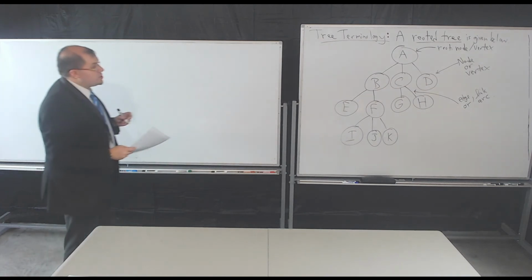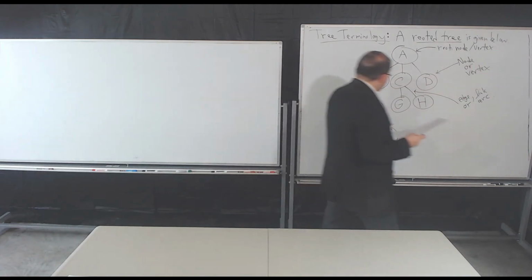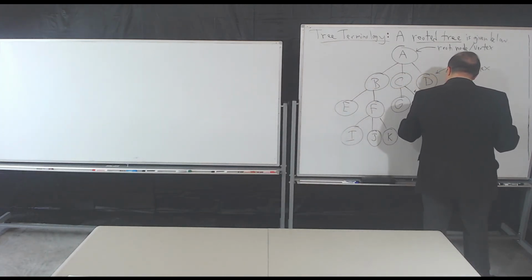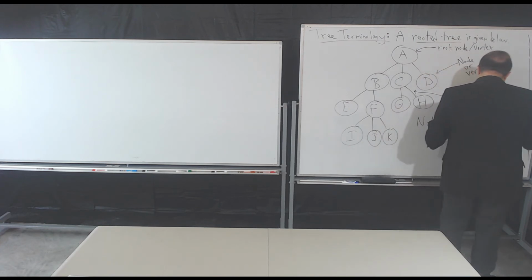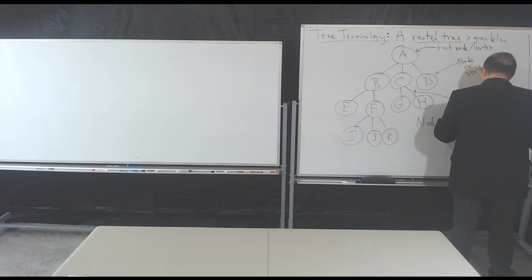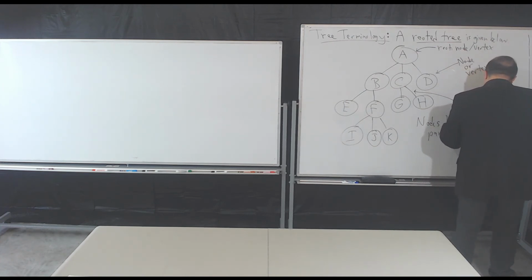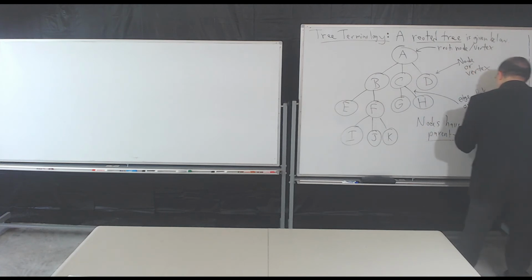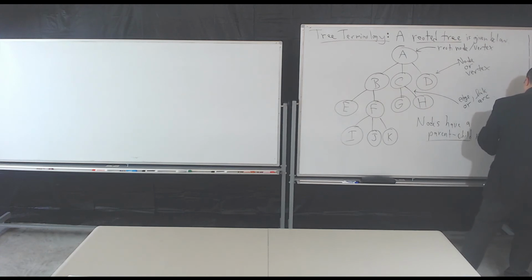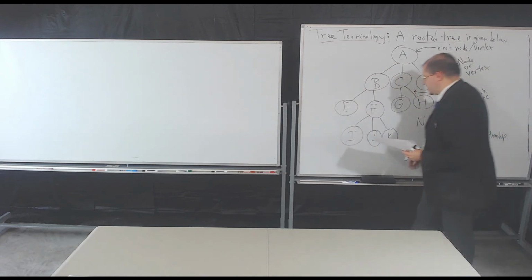So the big thing I want you to observe is that nodes have a parent-child relationship. So in a tree, they have a parent-child relationship.